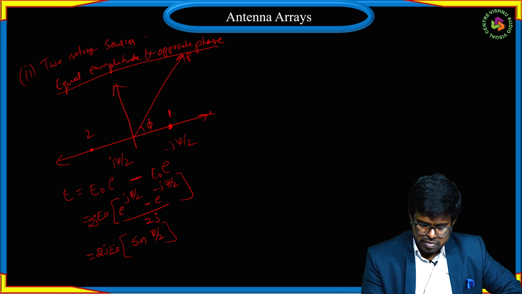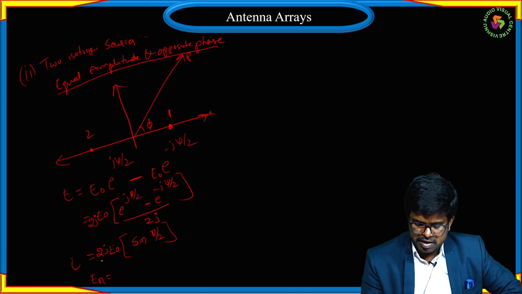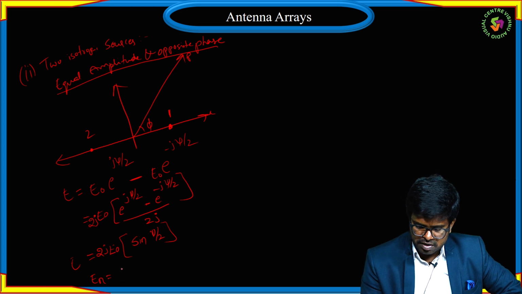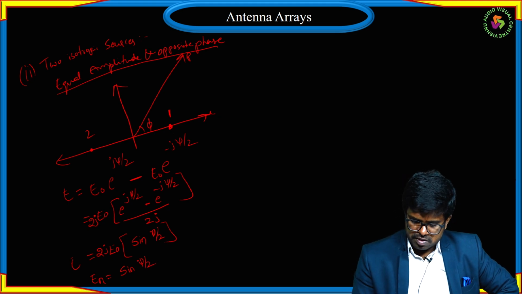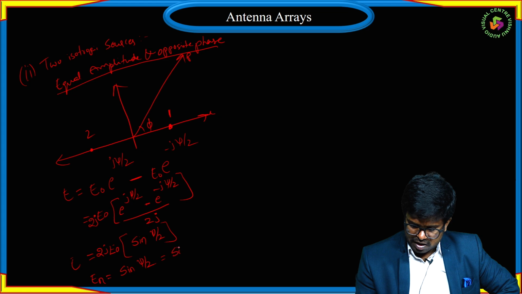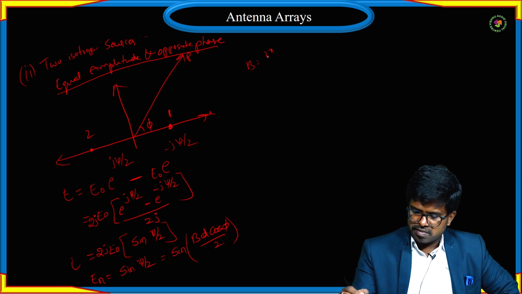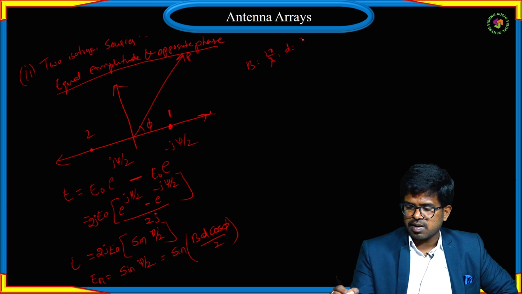Similarly we can take the normalized field component by dividing with this coefficient. Then you will get the normalized field component sin psi by 2. If you have sin psi by 2, then we have to substitute the psi value. Psi value is beta d cos phi by 2. We have beta equal to 2 pi by lambda, and normally we will take d value lambda by 2.